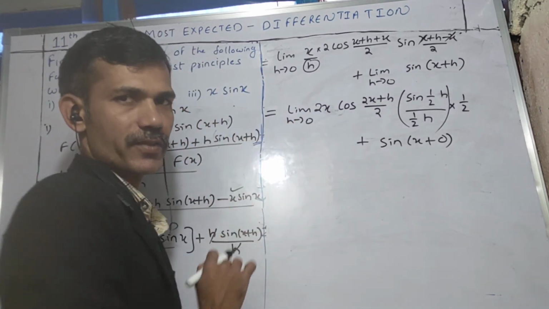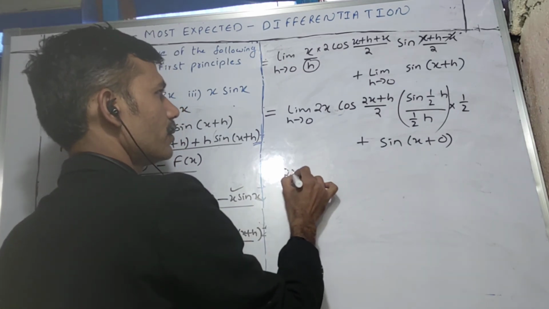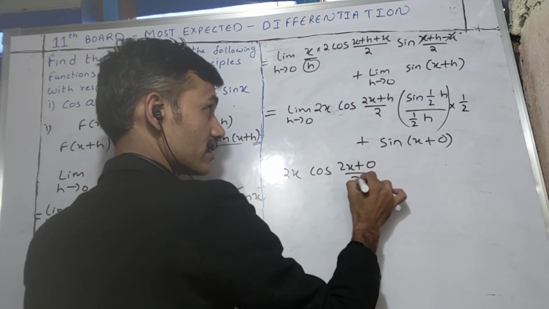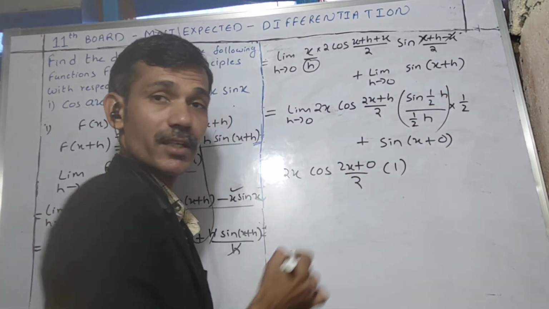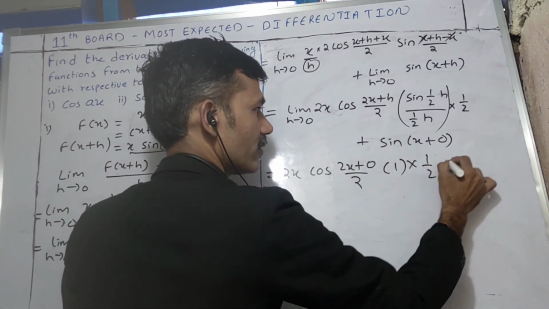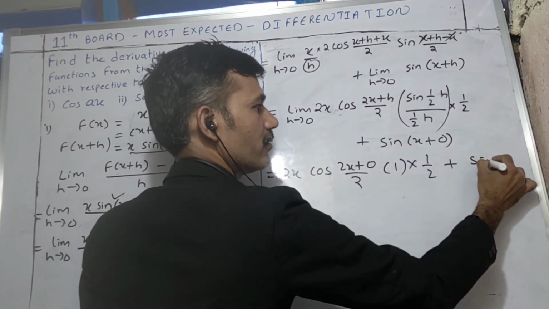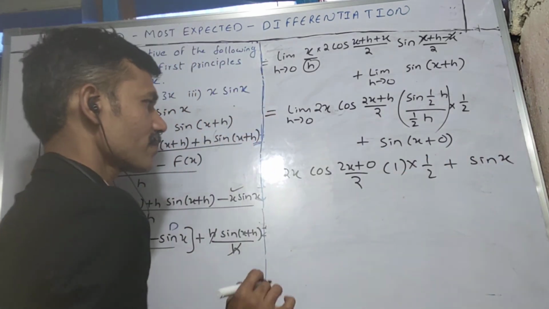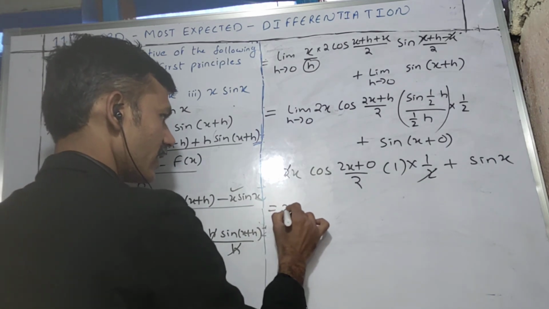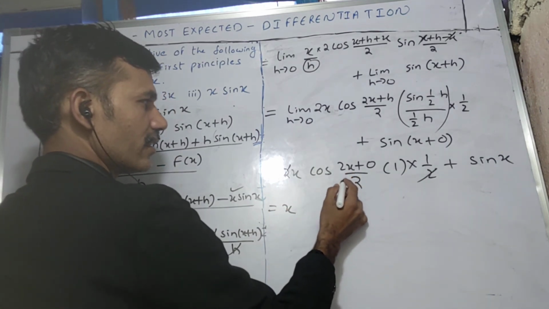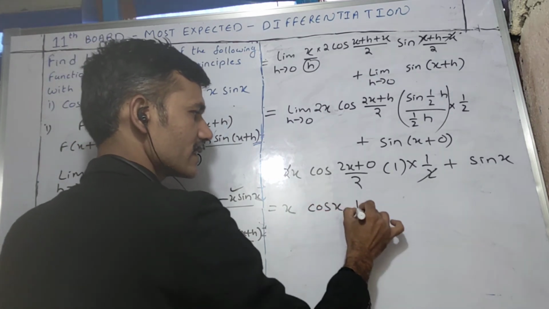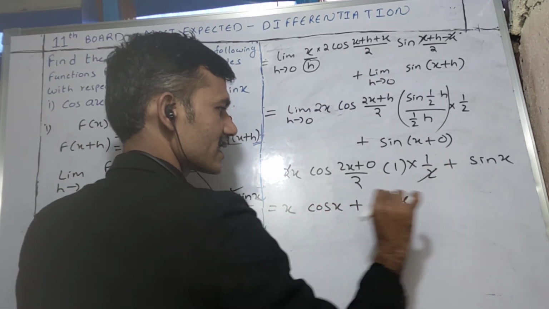Now in the first function also we'll apply the limit. 2x cos 2x, h place we can write 0, and here by formula its value is 1 times half, plus the second function, already we applied the limit, it's sin x. Here 2 can be cancelled, so what will be there? X times, here 2x upon 2 means you will get x only, x times cos x plus sin x.